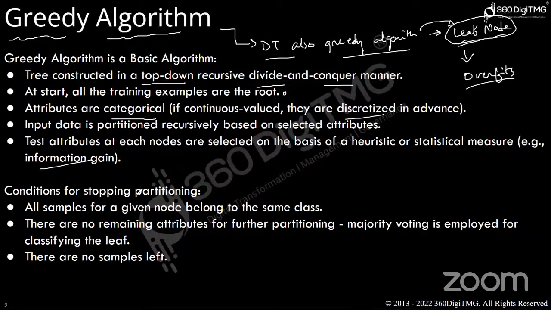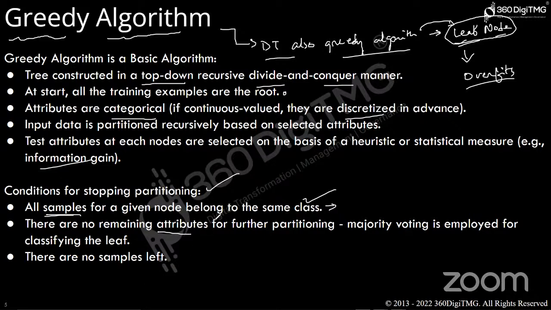Now there are certain conditions for stopping of partitioning. One of the conditions is if all the samples in the node are having the same class, we will stop. This will form a leaf node with the one class it belongs to. We will also stop if there are no remaining attributes.